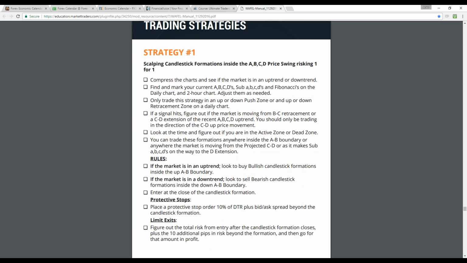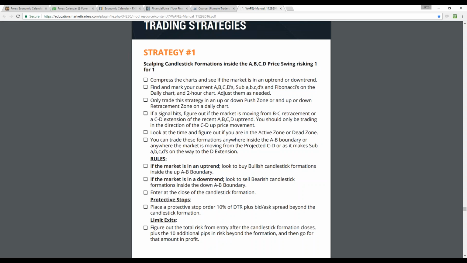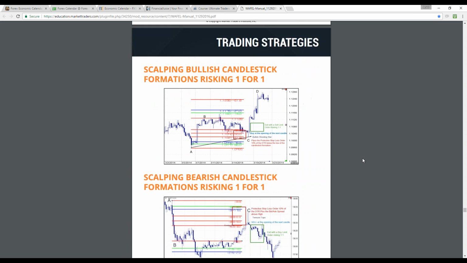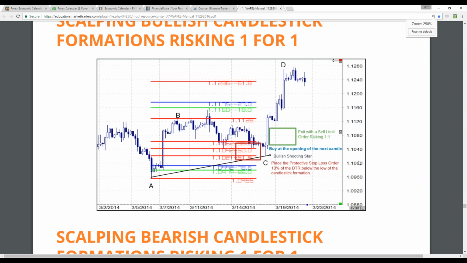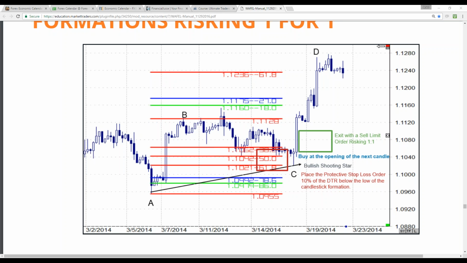Now let's look at some illustrations that we have here, where we go through examples buying and selling. So in this case, we have a buying opportunity.